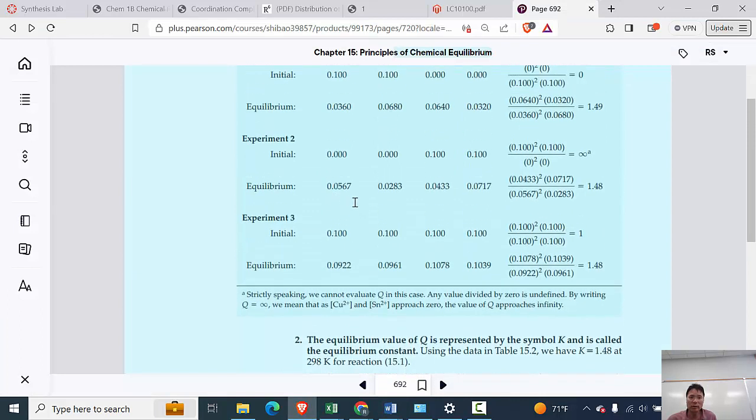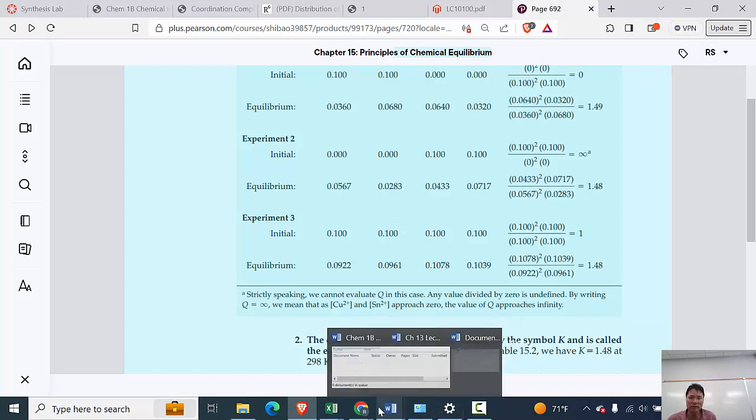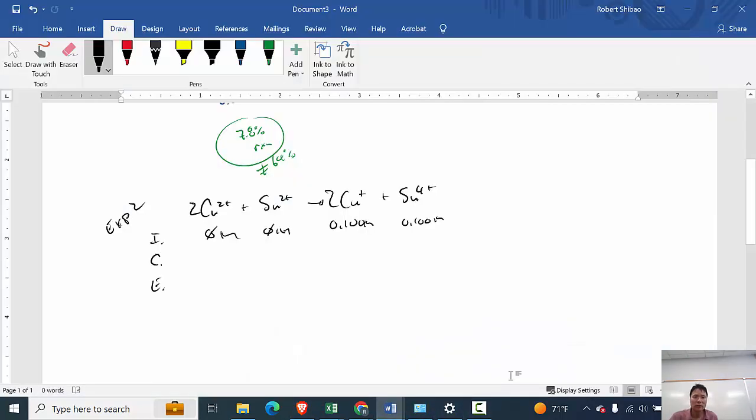So the first one's 0.0567 and then 0.0283. 567 and 283. So I'll write that here. 0.0567 and 0.0283.